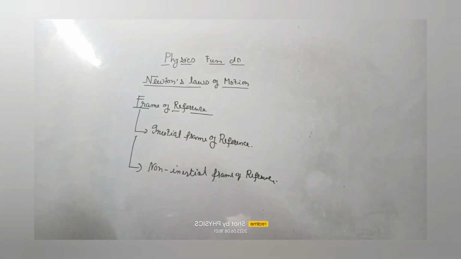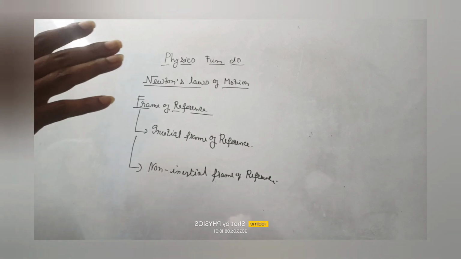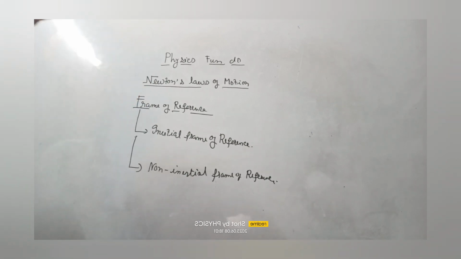Now let us consider an example of a frame of reference. Let us take an aeroplane moving with acceleration, and I am sitting on the earth. A traveler in the plane looks at me. I appear to be accelerating in the opposite direction. The plane is moving with acceleration in the positive direction, but I seem to move backward with the same acceleration. So I see the plane accelerating. This is a non-inertial frame of reference.